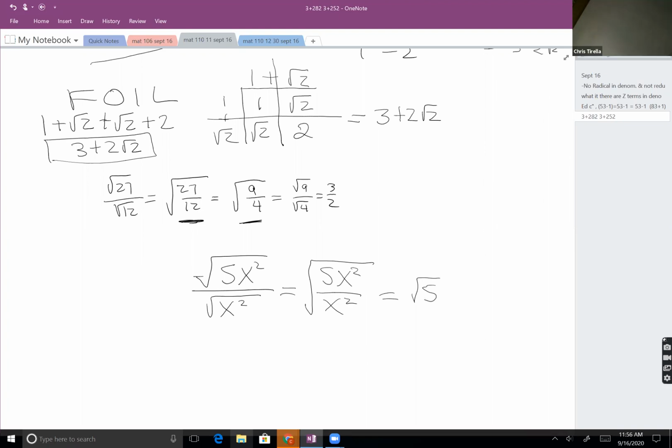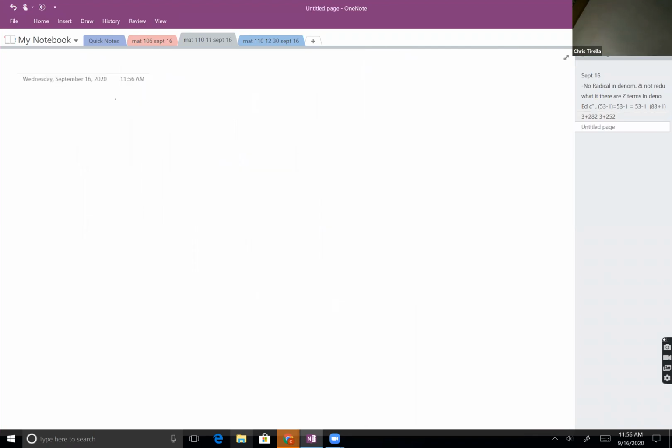So if everybody's all right with this conjugate thing, the next place we're going is other roots. We said that the square root of a equals b if a is equal to b squared, and that's our square roots.